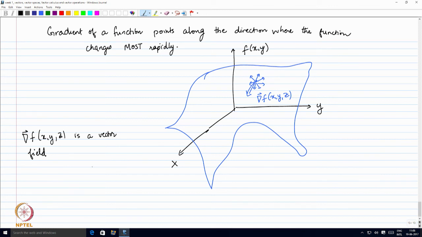This way of taking the derivative of a function is actually fairly useful, and in mechanics a very useful application of the gradient is the following: the potential energy is a scalar field.